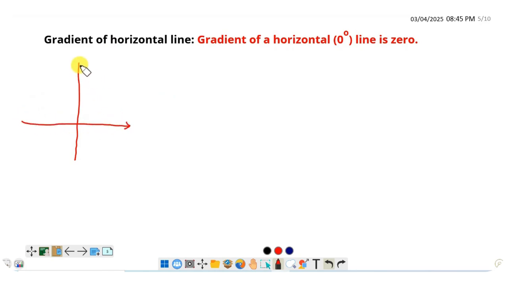Let's say this is a Cartesian plane, and you have a line, say y equals 3. The y value here is 3. This line is horizontal, so the gradient for this line is 0. Let's say you have a point here and you have 3 here.